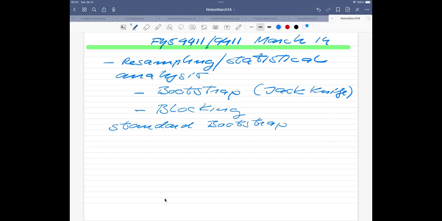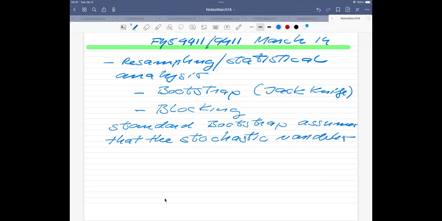So the bootstrap method assumes that the stochastic variables we deal with, if we have a stochastic variable xi, are what we call IID, and you probably met this acronym in statistics.